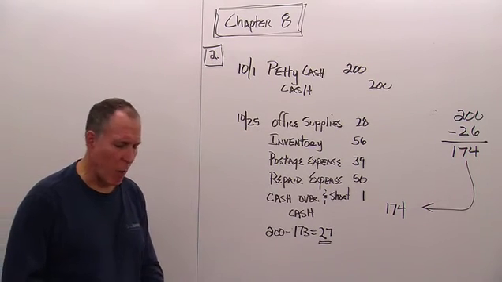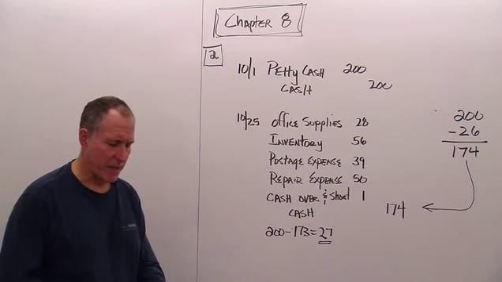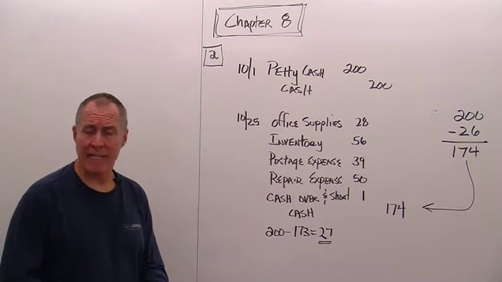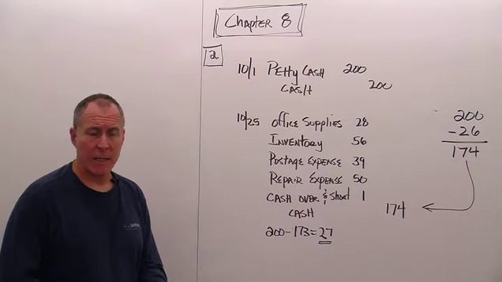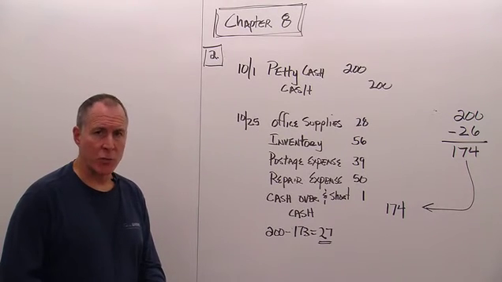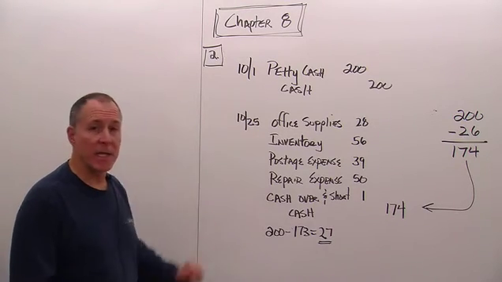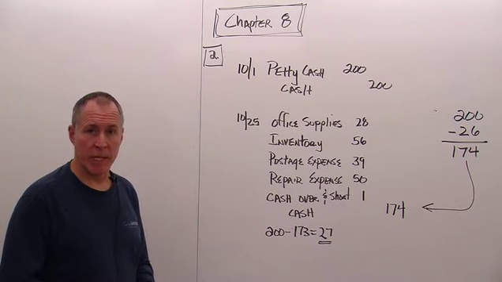Some of you might say, why isn't there a journal entry on the 10th, or on the 13th, or on the 18th, or the 24th, the date when the petty cash was spent? There are no journal entries on the date that the money is spent. The journal entry for petty cash is dated the date the fund is replenished.